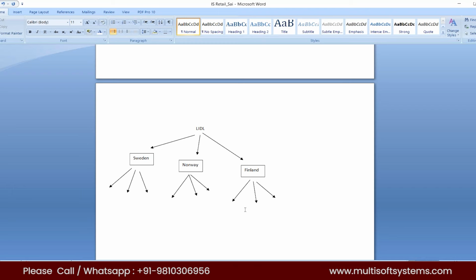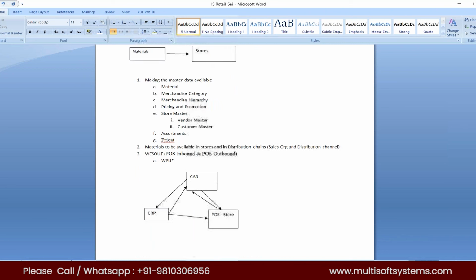It can be stores, a distribution center, an online sale platform, or a third party sale platform. It could be anything. When something is available on a distribution chain level, it is also available on all the organization structures underneath that.